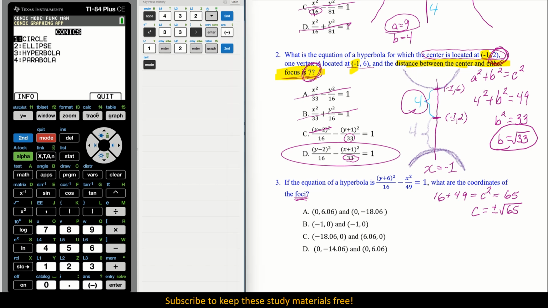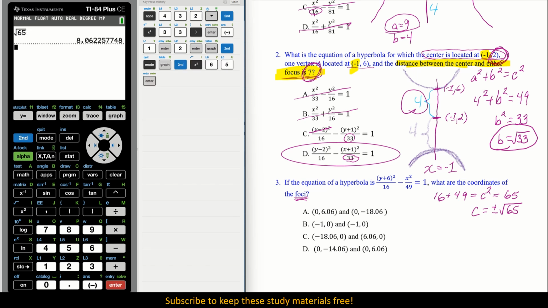So let's go ahead and back out, and go second, square root 65, and push enter. So we have plus or minus just about 8.06. Let's go with just 2, 3.